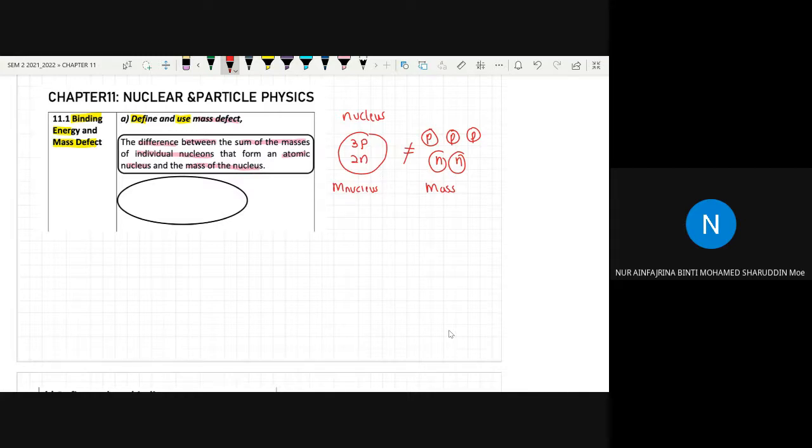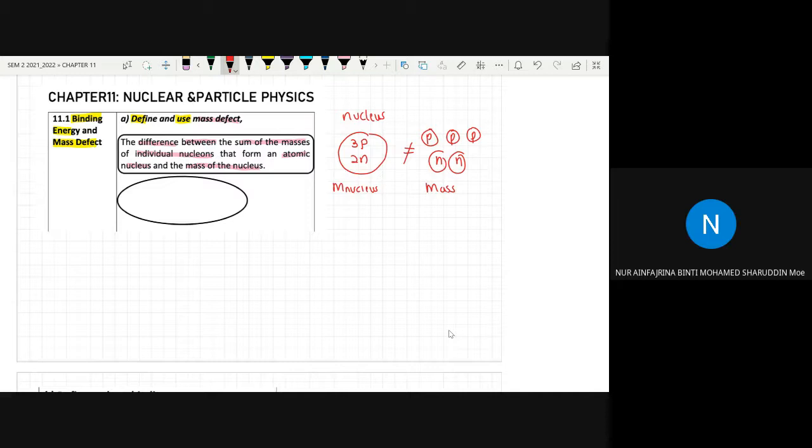So when you separate it, the mass is greater than when you combine it as a nucleus. The individual masses will be greater than the combination, the nucleus. This is due to the mass defect, but the difference is only around 0.0221, so it is very, very small.